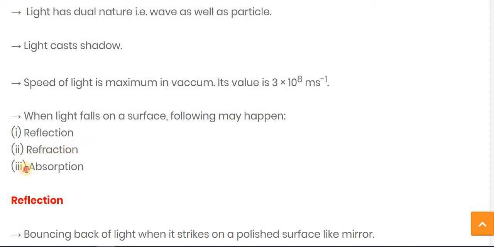And the third one is absorption. Suppose a black surface is there, then the light is absorbed and does not come back. That is called absorption.